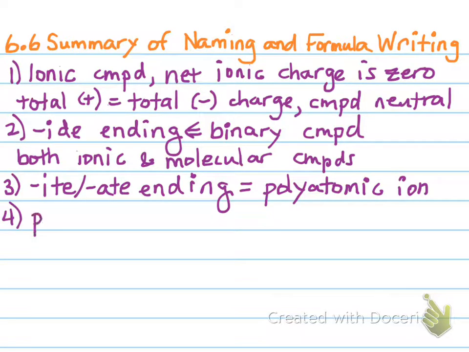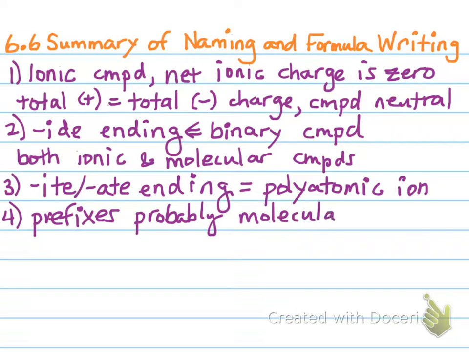Usually, prefixes are probably a molecular compound. Now, I say probably because if you look really quickly at your helper sheet, there are a couple polyatomic ions that have prefixes in them.